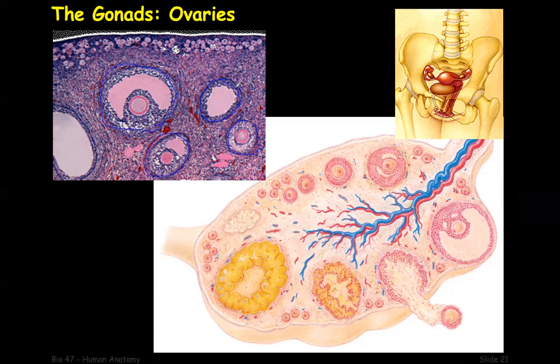The corpus luteum is all of those follicular cells remaining after ovulation, and it helps to maintain the uterus during pregnancy. So the corpus luteum would be this big structure down here. This is the corpus luteum, and it's the follicular cells that remain after the egg has been expelled from the follicle.